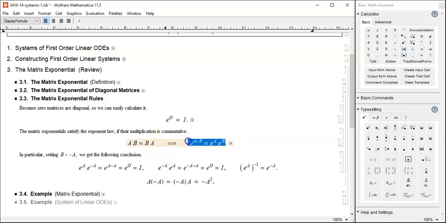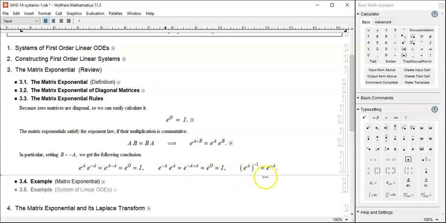So we can use this rule here. So basically, e to the A power times e to the negative A power is equal to e to the A plus negative A, so minus A. That's equal to e to the 0 matrix, and what is this? Oh, wait a minute, it's over here. Sorry about that. That's I, the identity matrix here. So what do we have? This matrix times that matrix is the identity, so they're inverses of each other.